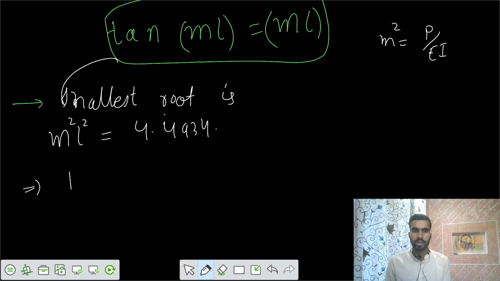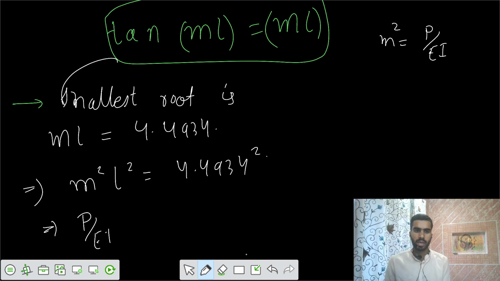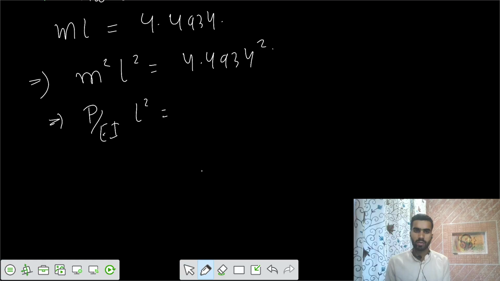If I square it now, I would say m square L square is equal to 4.4934 square. Now I write the equation of P by EI. L square equals to some value of 4.4934 square, and that value is equal to some value of 20.